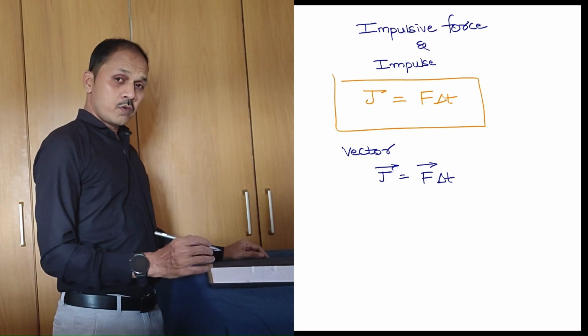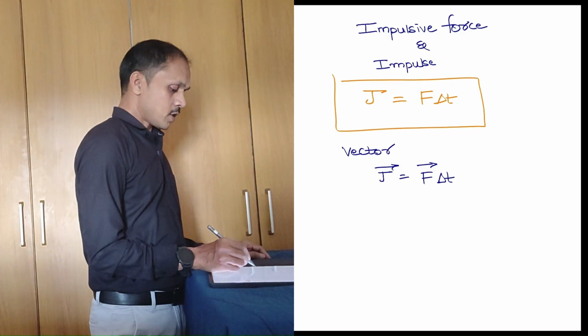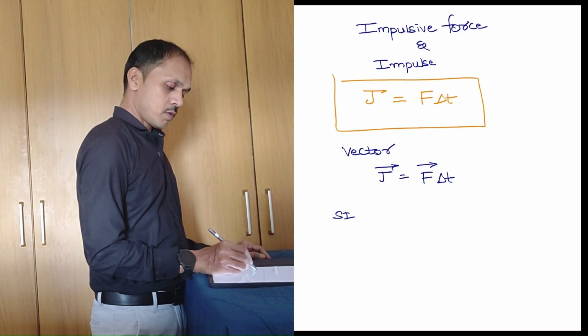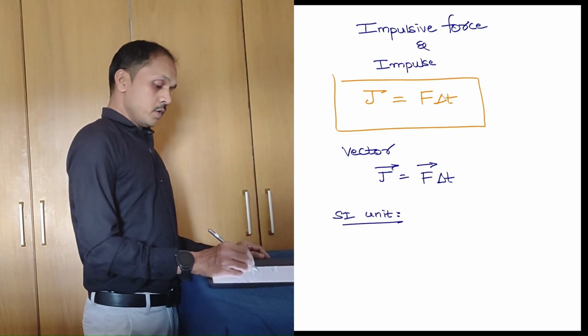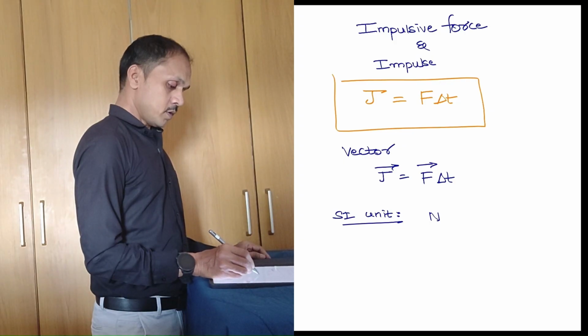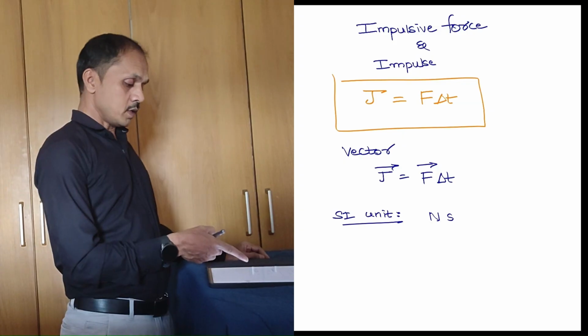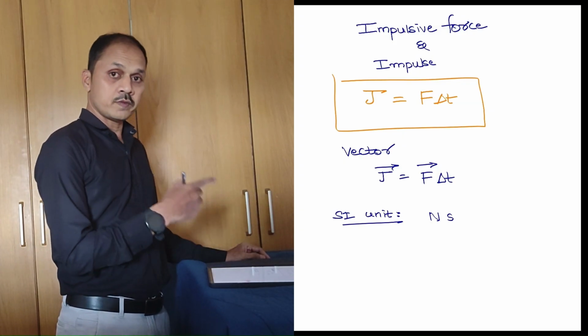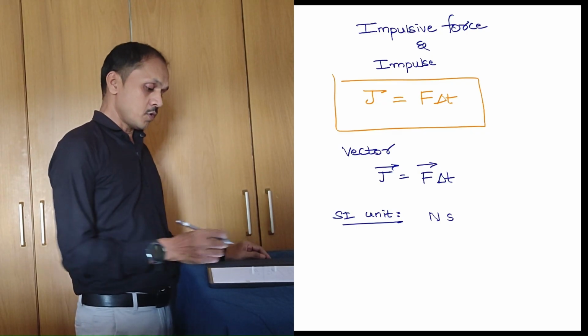Then what will be the units for this? Let's write the SI unit for impulse. It is Newton second, and observe this is the same as linear momentum, because we are multiplying force with time. So Newton into time, second, right? So Newton second.